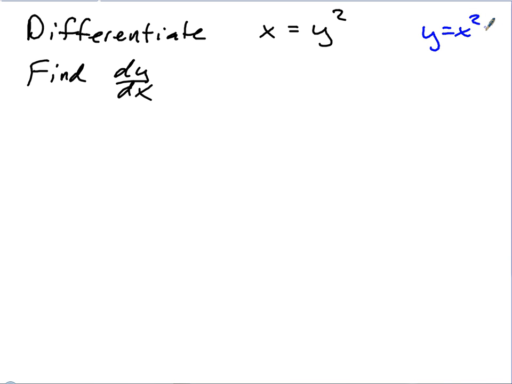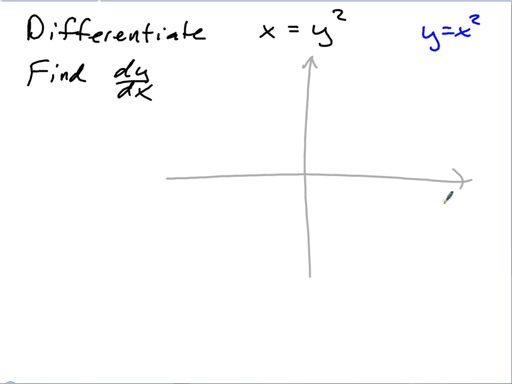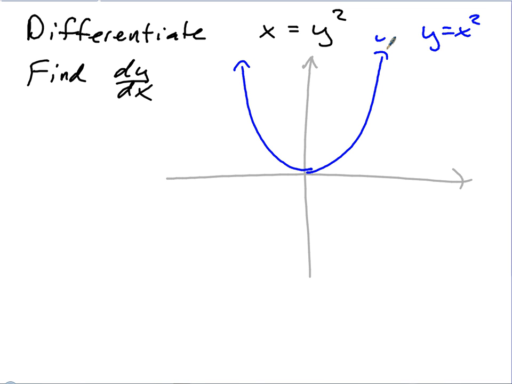That's just a normal parabola. If I graph these two things, it'll remind you about an interesting relationship here. If I take the blue function and graph that, there it is, y equals x squared.